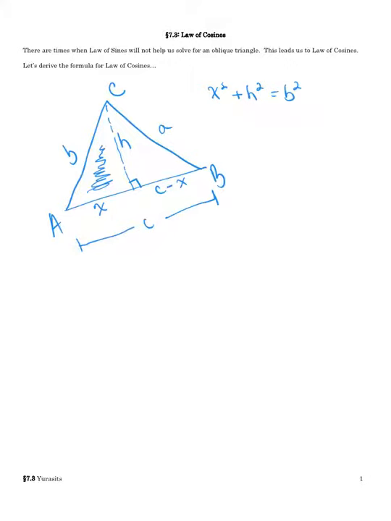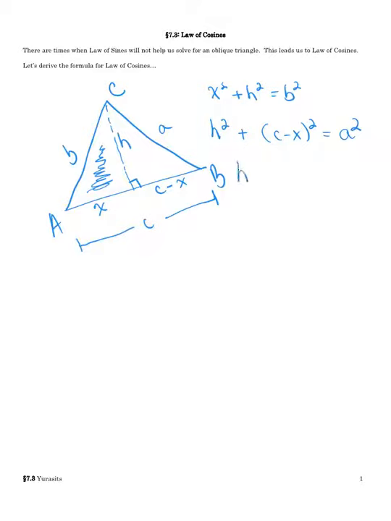And now we are going to go ahead and do a Pythagorean Theorem with this unshaded right triangle. And so that will be h squared plus (c minus x) squared equals a squared. Now I'm going to clean this up a little bit.